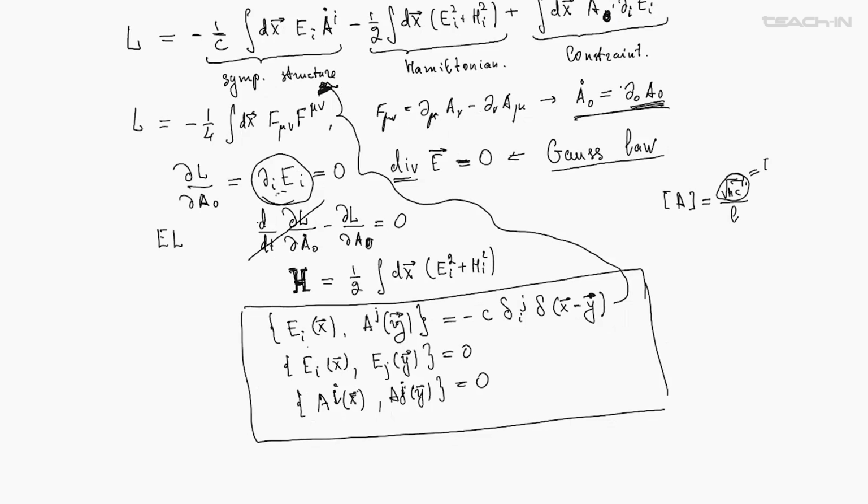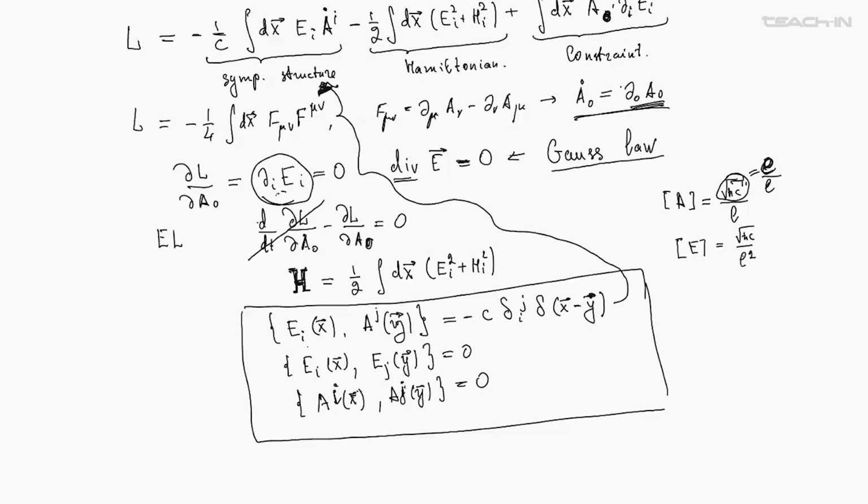So this is electric charge divided by length. That's the physical dimension of field A. The electric field is a derivative of A, so it has a dimension square root of h bar c divided by L squared.